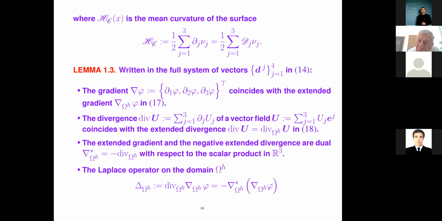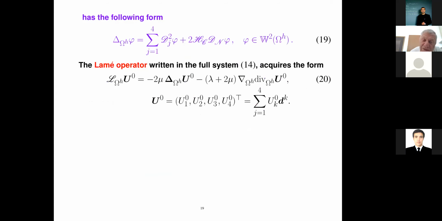Here is formulated what I told you: the gradient on the surface is the gradient defined with the help of Günther's derivatives, and divergence on the surface is likewise defined with the help of Günther's derivatives.